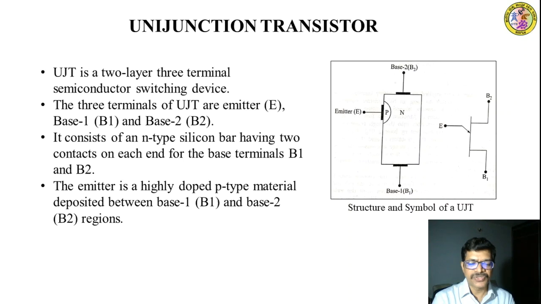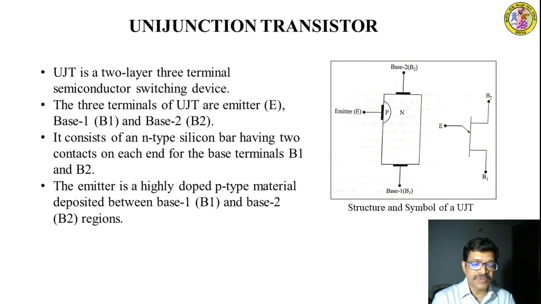The figure shows the basic structure and symbol of a UJT. It consists of an N-type silicon bar having two contacts on each end for the base terminals B1 and B2. The emitter is highly doped P-type material deposited between base 1 B1 and base 2 B2 regions.